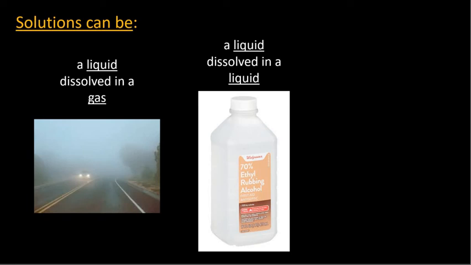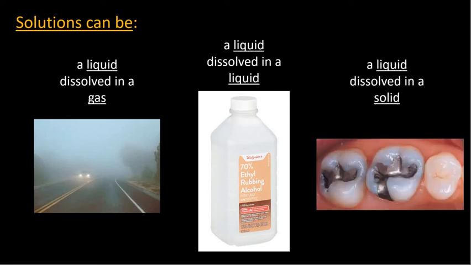Okay, now something that's rather rare is where you have a liquid dissolved in a solid. Really, the only time that you have a liquid dissolved in a solid is in the case of mercury, which is a liquid metal at room temperature. They have the ability to merge this mercury with other metals. It's called an amalgam.